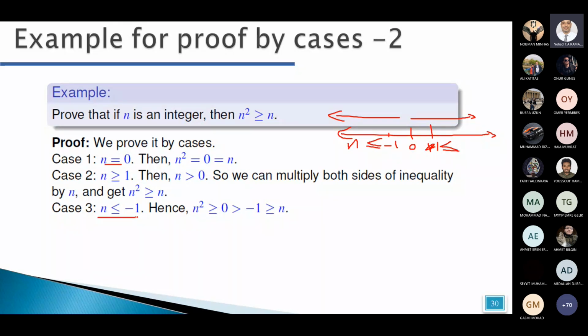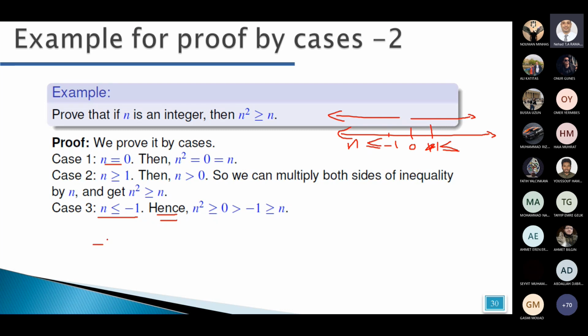Look, in mathematical proof, we take the axiom, something already known, and we can use it. We said that n is less than or equal minus 1.